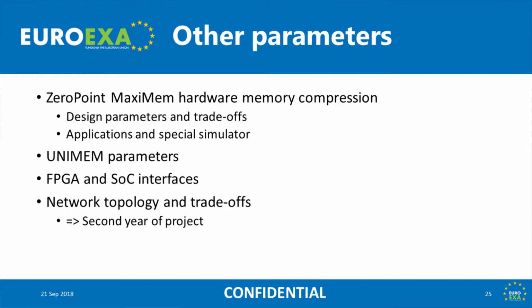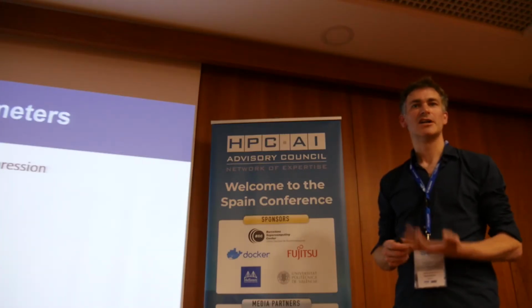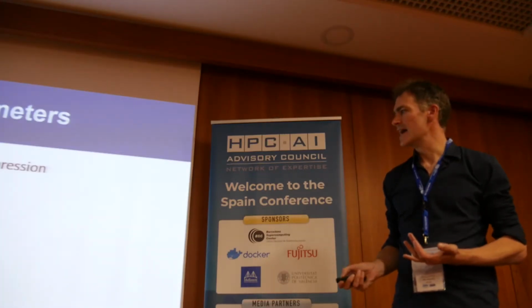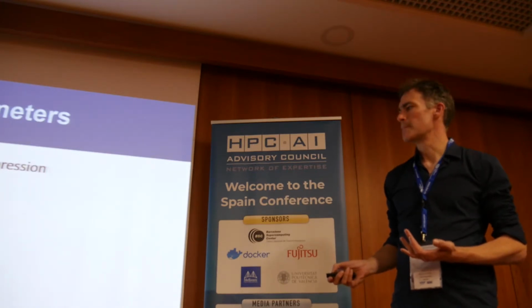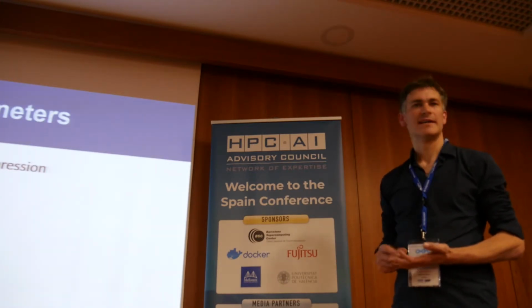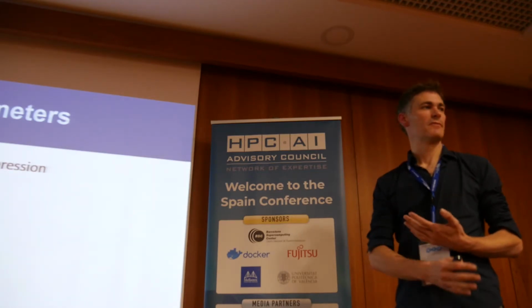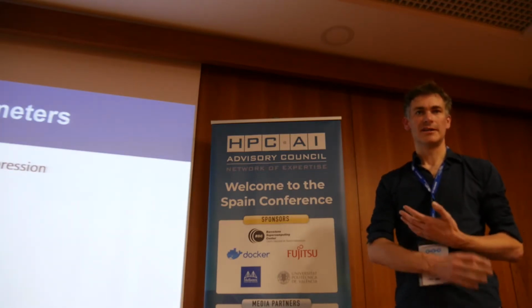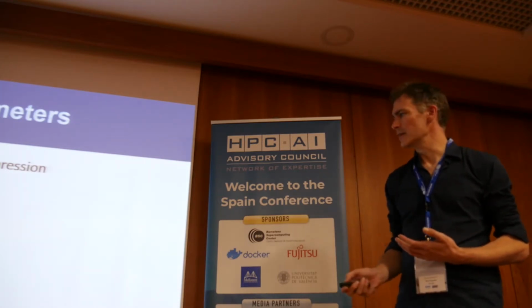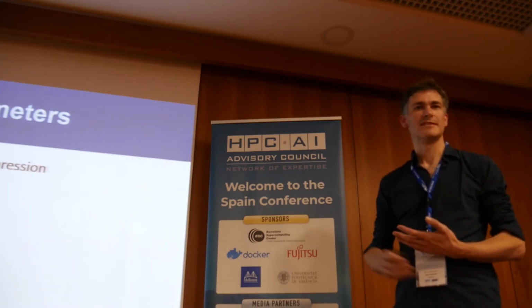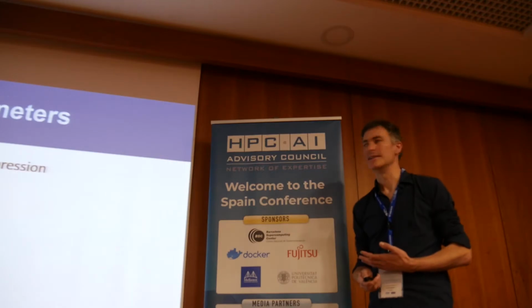There were also questions on Unimem parameters on the implementation side, some of the interfaces, whether you want fast or slow, or high latency, and so on. And network topology, we will look at in the second year of the project. So we tried to concentrate on the stuff where we have to make the decision early on. The network we do have to do, but there's a bit less time pressure than the others.